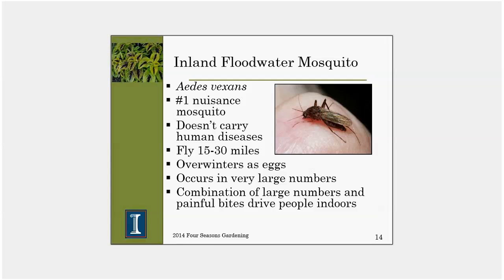So that's a feature, but you can have everything kind of controlled around your area. But with inland floodwater mosquitoes, you may be getting mosquitoes from an area that's 15 to 30 miles away that you really have no responsibility or control over. And so particularly if this is to the west or southwest of you with prevailing westerly to southwesterly winds, it's very common for huge numbers of these mosquitoes to come into urban areas from low-lying, poorly drained areas well outside of town.